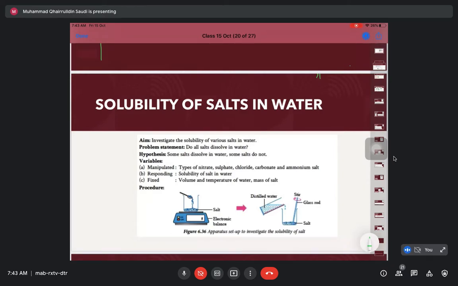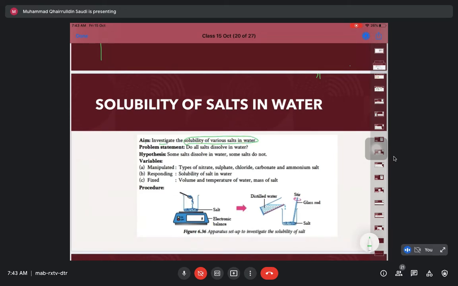Okay. So you should do the activity to classify between soluble and insoluble salt, but since we are still in PDPR, so we will go through the procedure and we will just go, kita boleh terus classify lah based on the supposed results. Okay, so in order to test, okay, the aim is to investigate the solubility of various salt in water.